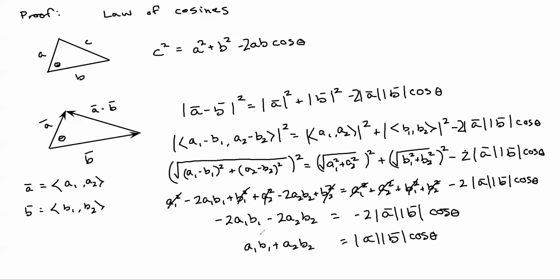And you can see that these are the two definitions. So here we have definition 1 of the dot product is this, definition 2 of the dot product is this, and so we've shown that definition 1 equals definition 2.